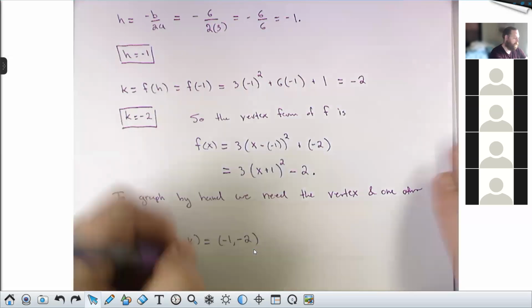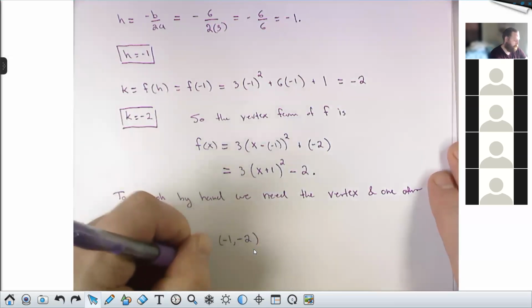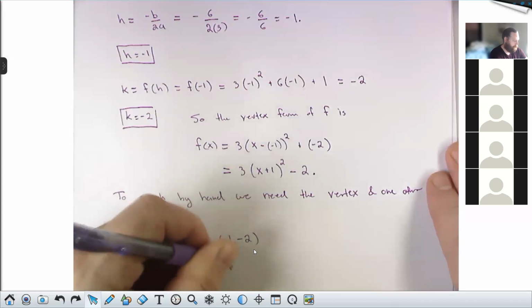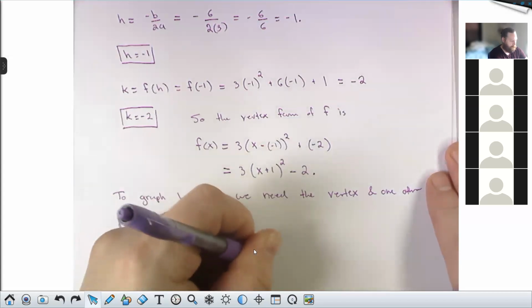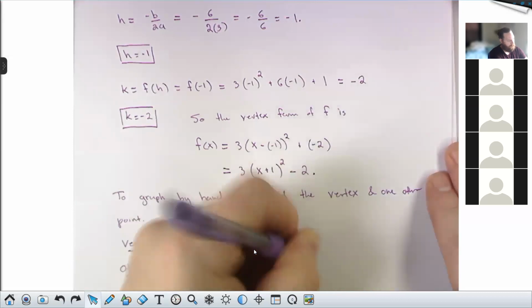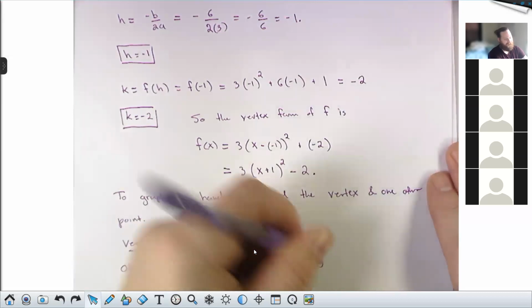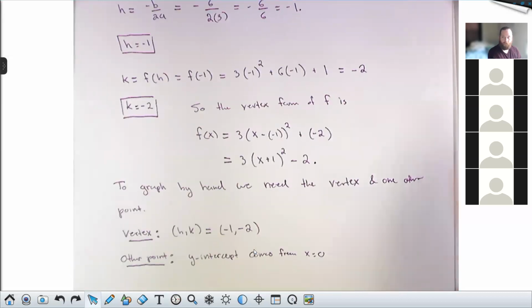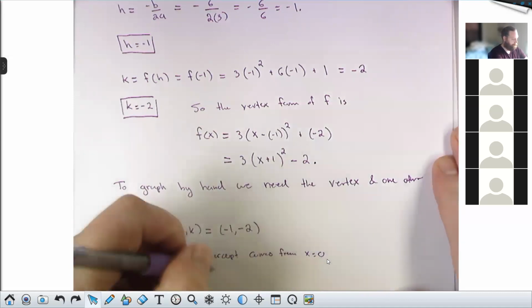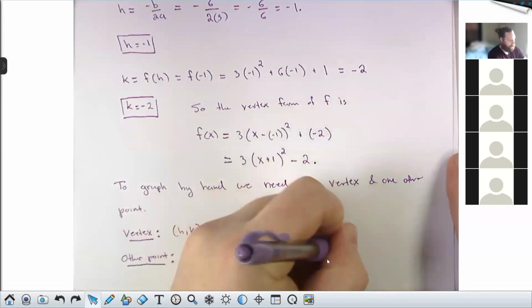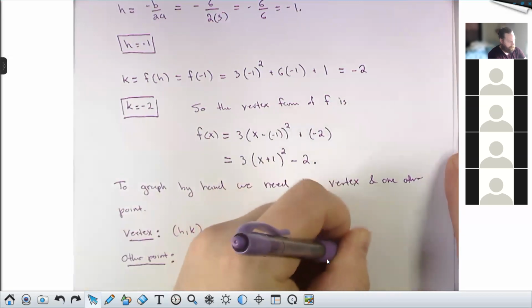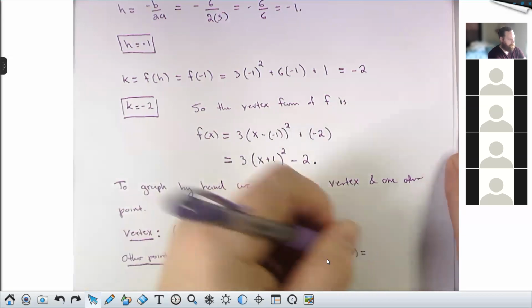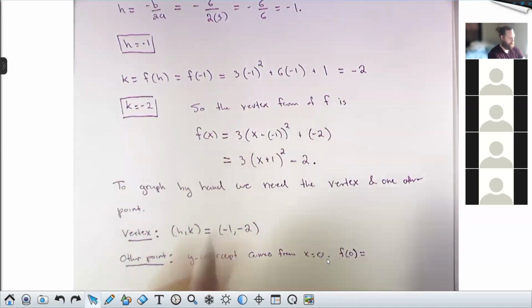But I'll get the y-intercept. How about that? The y-intercept on the graph of any function, linear, quadratic, other functions, always comes from plugging in x equals 0. So let's grab that one. f of 0, you could do it from either form. Let's do it from here.